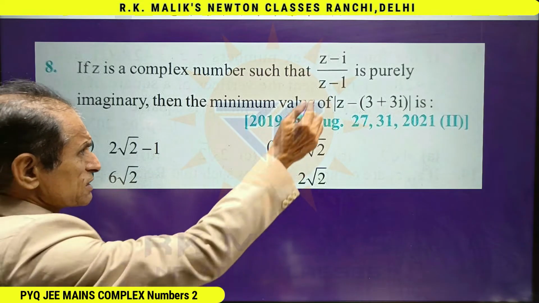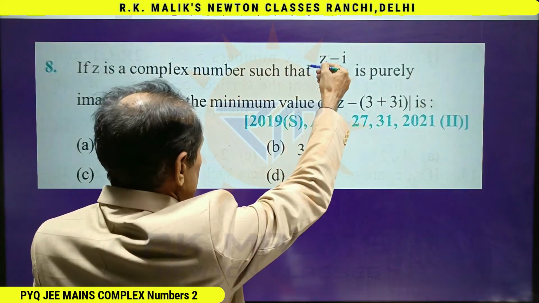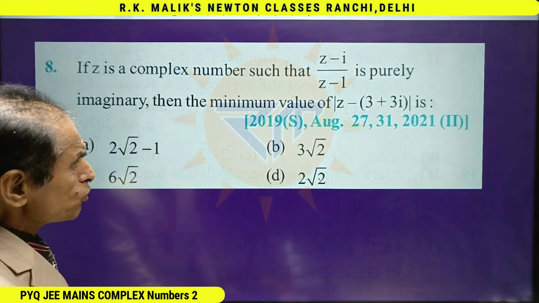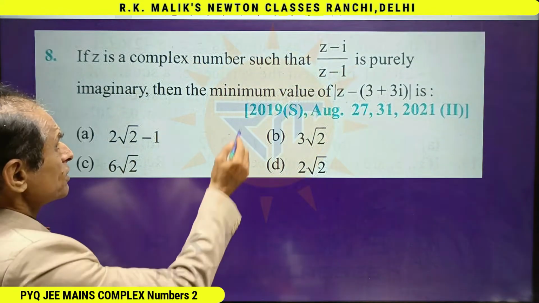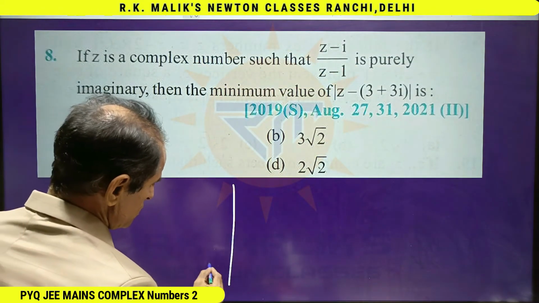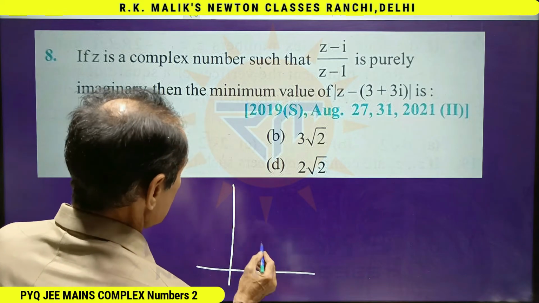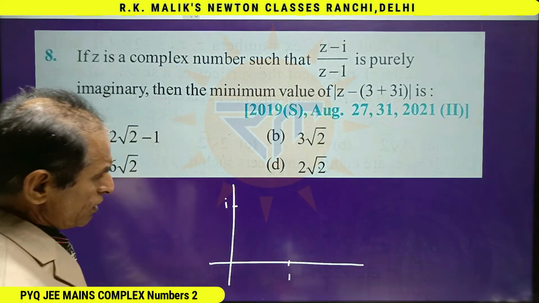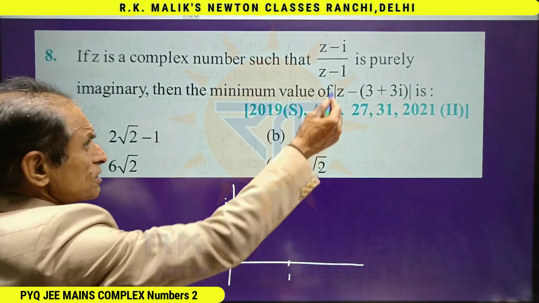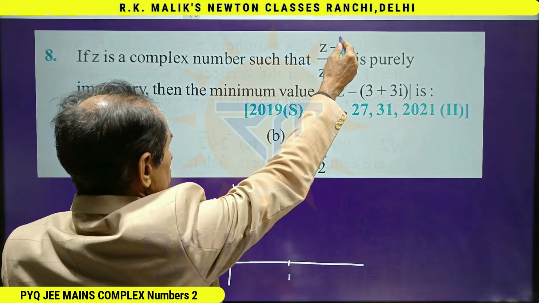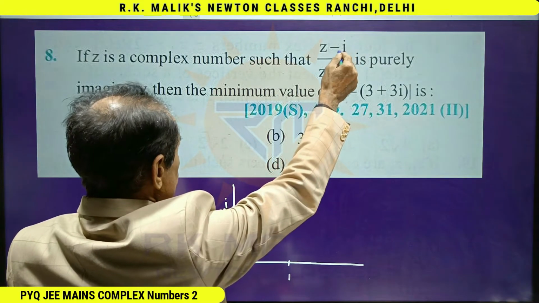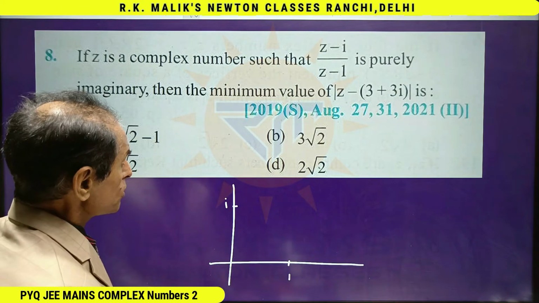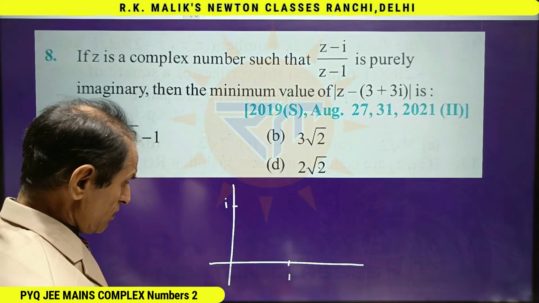And now because it is given that this is purely imaginary, it means the argument of this will be pi by 2 or minus pi by 2. It is clear that in the figure, i will be somewhere here, 1 will be somewhere here, and because it is purely imaginary, the argument of this will be pi by 2 or minus pi by 2. Hence I can say the locus of z will be a circle.